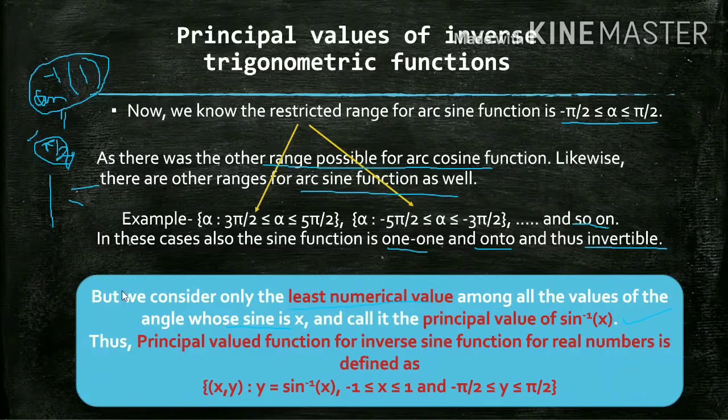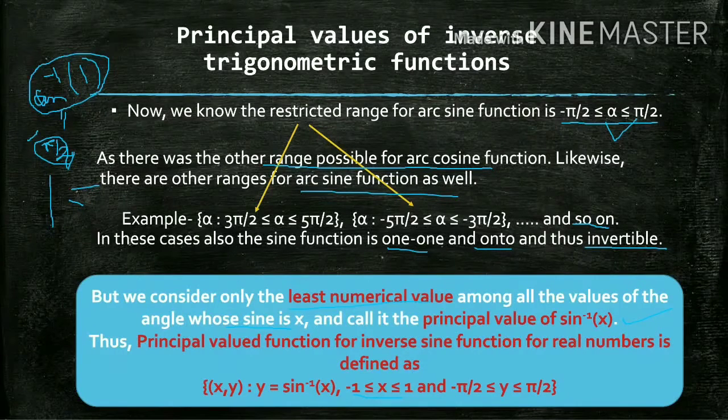Clear? So thus I can define the principal value function for the inverse sine function for real numbers as the set of x comma y where y is equal to sine inverse x, the domain is fixed, minus 1 to 1, and the range is now minus pi by 2 comma pi by 2, which is nothing but the smallest range possible, and that is basically the principal value.